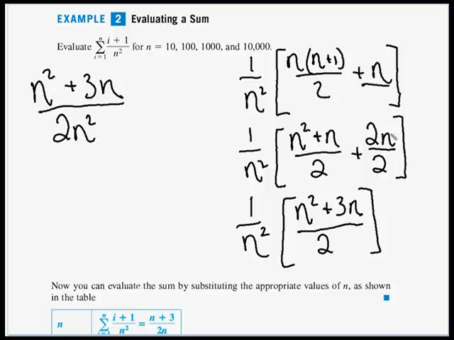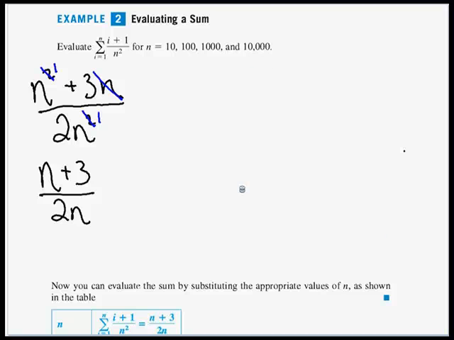And now you notice every single term has an n, so I can factor one of them out. We have n to the first here, that's our lowest power. That one is completely gone. This one is now knocked down to a first power, as is the denominator, n to the first power. So now we have n plus 3 over 2n. There is our simplified version of how to get to the answer we're looking for.